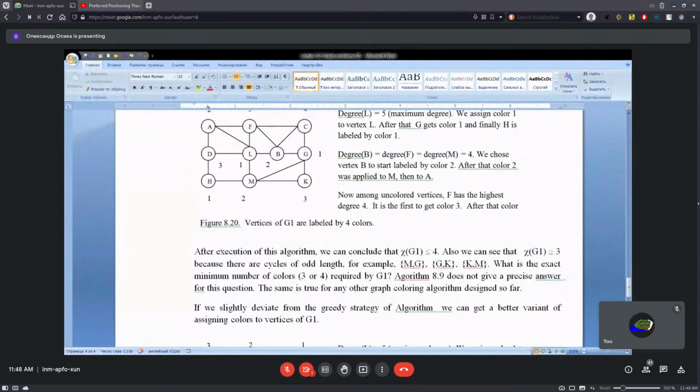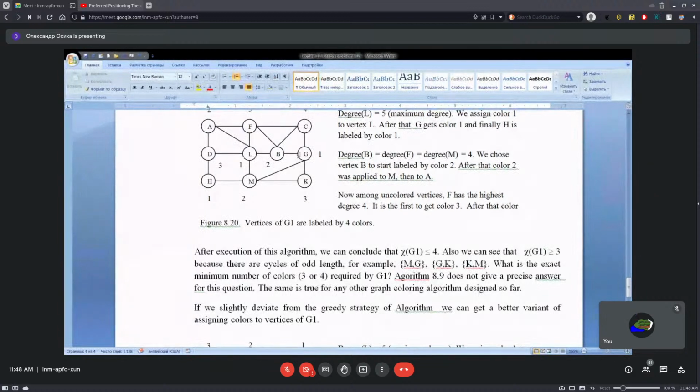So our chromatic number is less than or equal to 4 and greater than or equal to 3. So what is the exact minimum number of colors, 3 or 4, required by this graph?